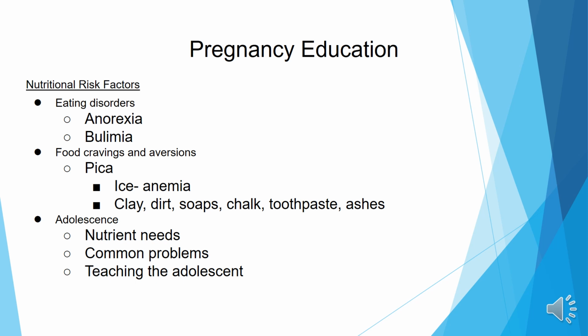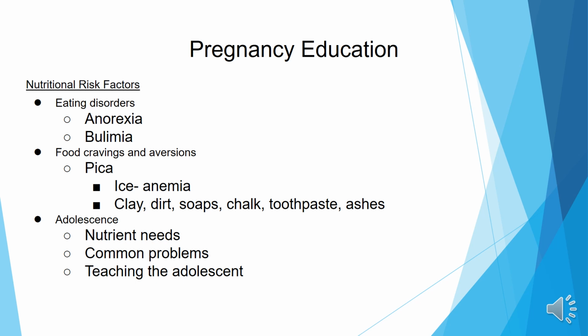So we just have to make sure that whenever we're teaching an adolescent, whether it be about nutrition or anything, you want to teach them on their level, and you don't really want to teach at them. I guess it's really about how you treat all patients in pregnancy in terms of teaching them: talk to them on their level.